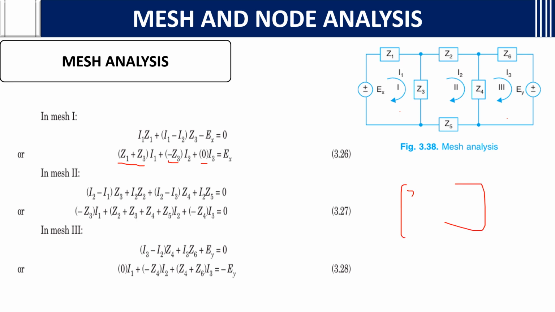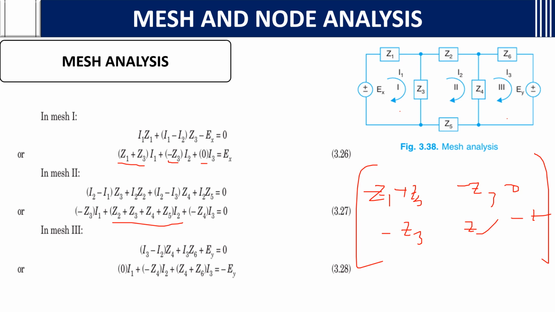Z1 plus Z3, then minus Z3, 0, and here minus Z3, I1 component. Then Z2 plus Z3 plus Z4 we will write here, and minus Z4.